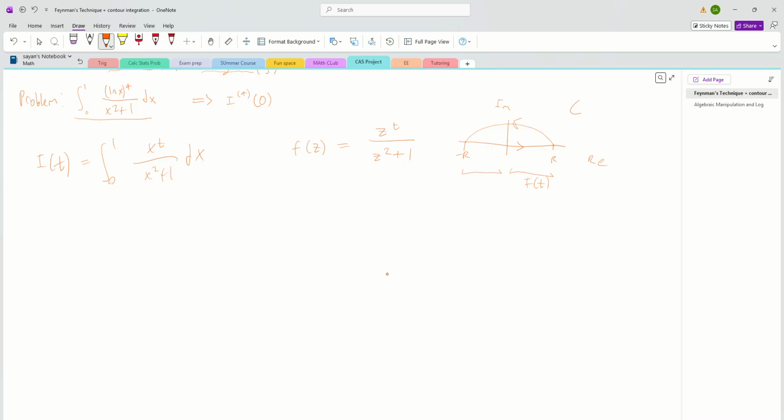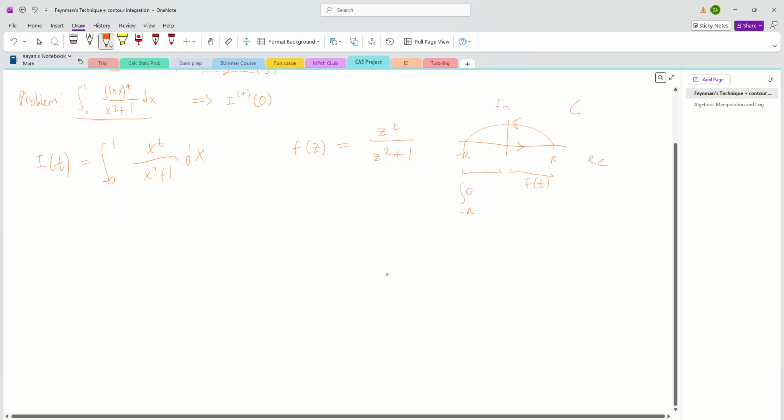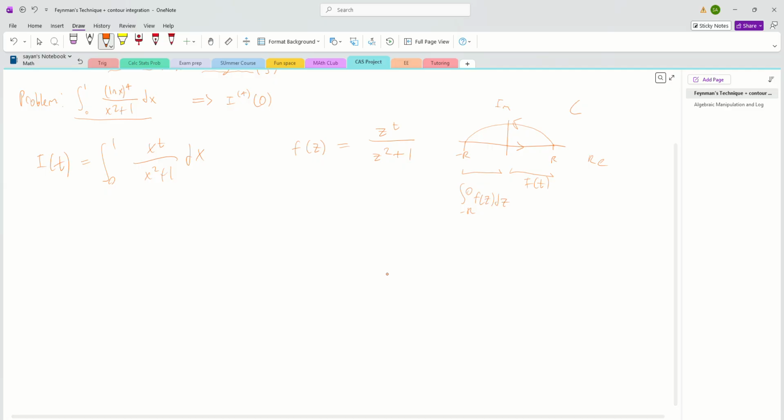This is going to be the integral from negative r to 0, right, from here to here. So I just partitioned the real one into two separate ones because we're looking at 0. We're not doing negative 1 to 1, right? Of f of z dz. Okay? This one, by the way, is just the integral from 0 to r of f of z dz.